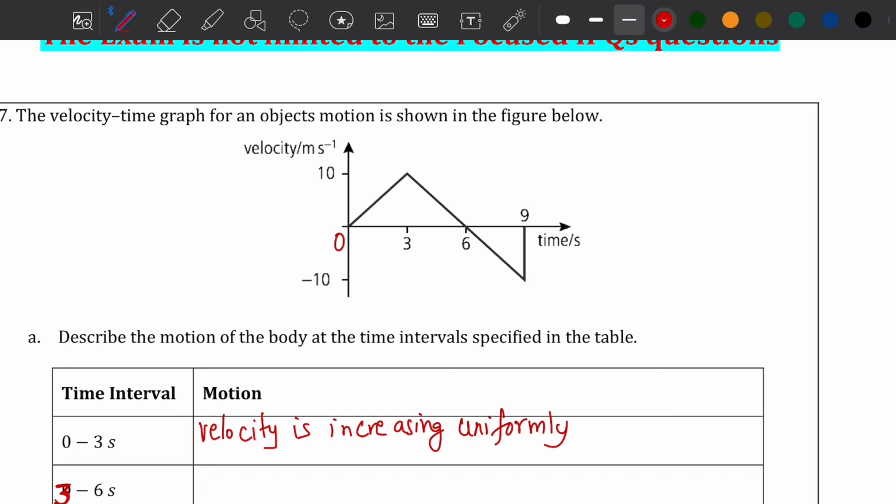And also we can see that because the line is a straight line, that means it has a constant slope. Constant slope means we have got constant acceleration, and it is a positive slope, so we can write constant positive acceleration.